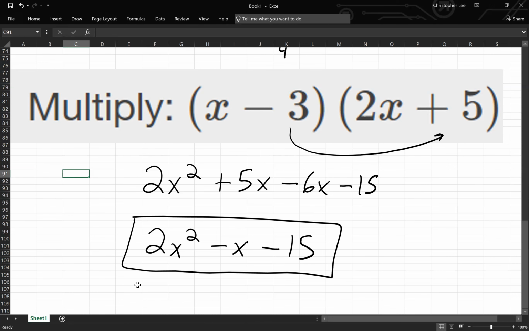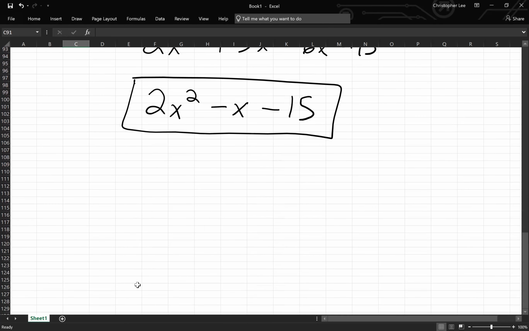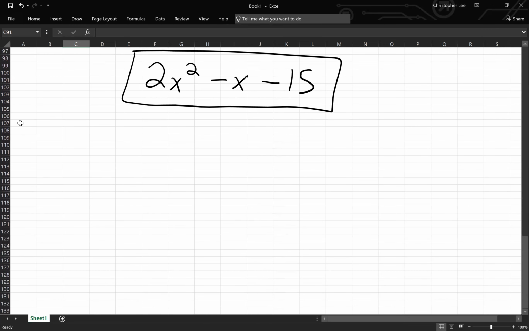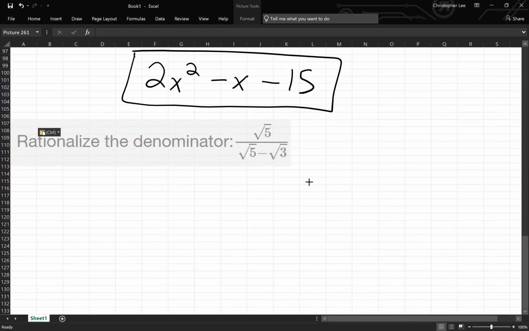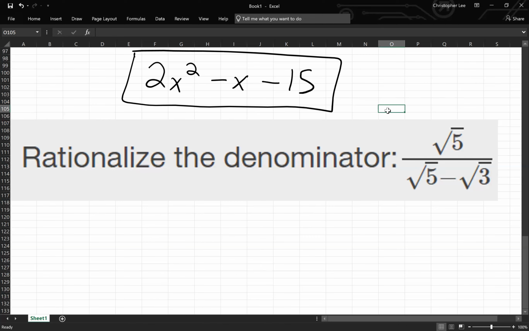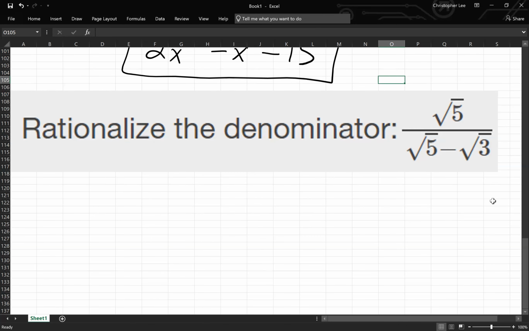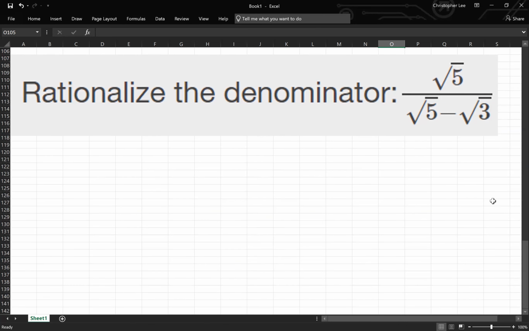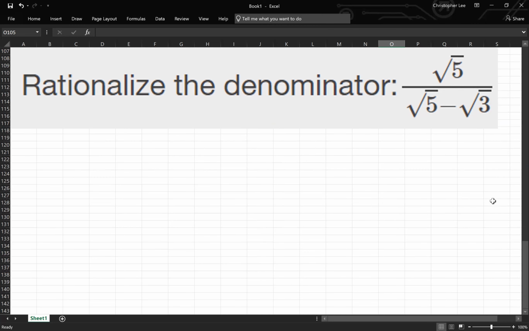All right. Just to go over y'all's homework questions a little bit. How do I do this one? Yeah, I want to rationalize the denominator. How do I do that? So the denominator is square root 5 minus square root 3.